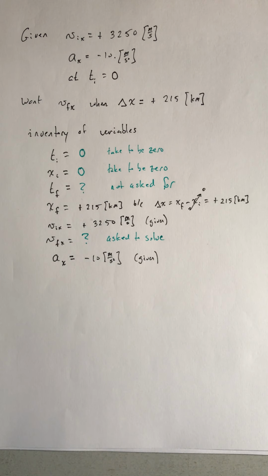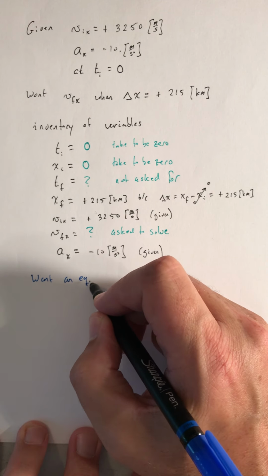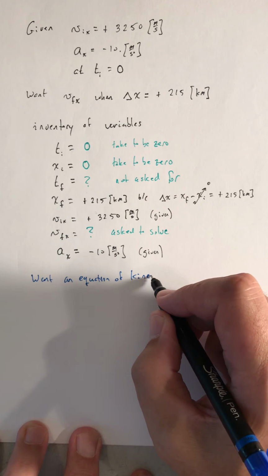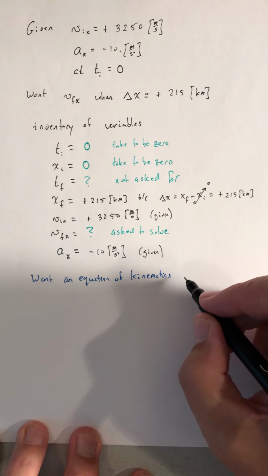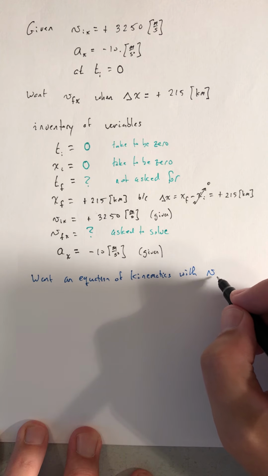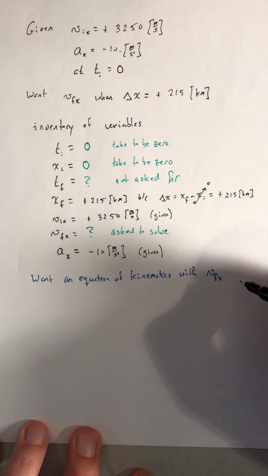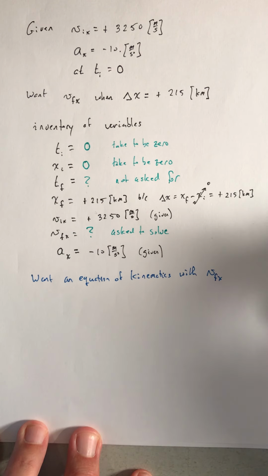Okay, so if we're looking this over and thinking about a good way to proceed, we want an equation of kinematics with the final x velocity, because that's what we're trying to solve for, so it's going to have to be in the equation.